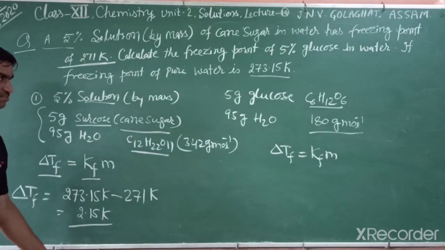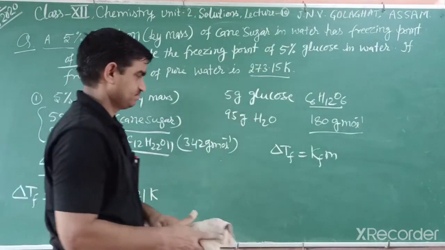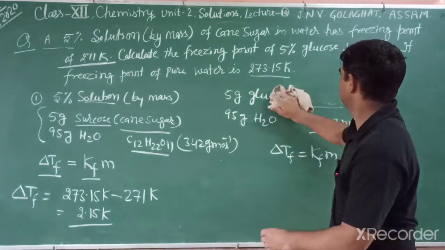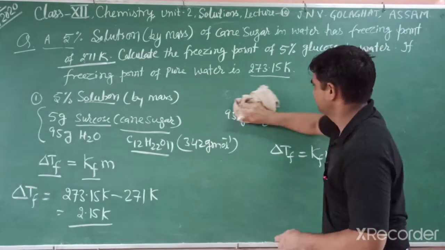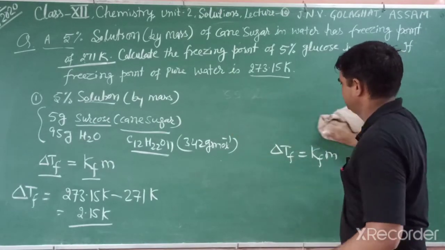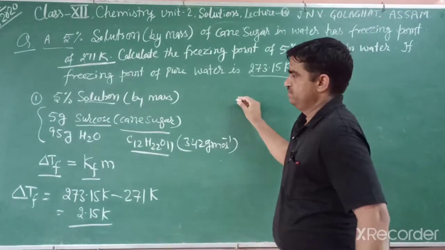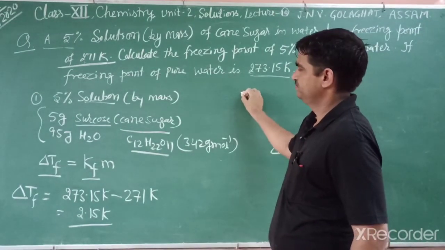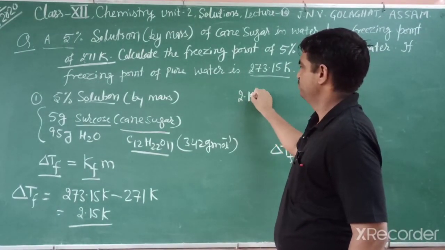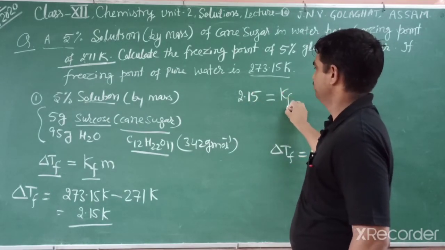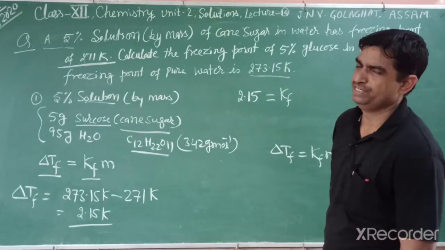So delta Tf is 2.15, which is equal to Kf, which we don't know, times molality.